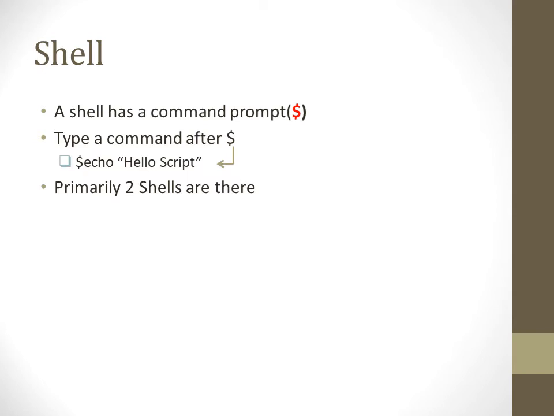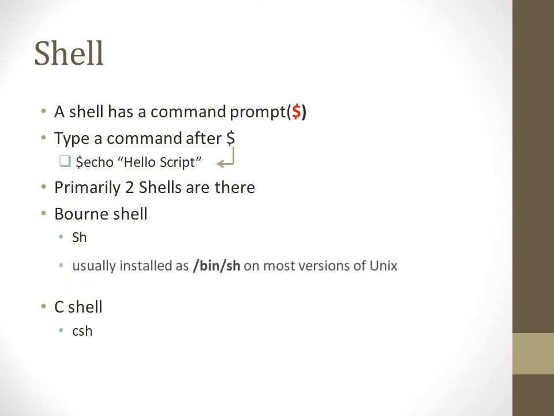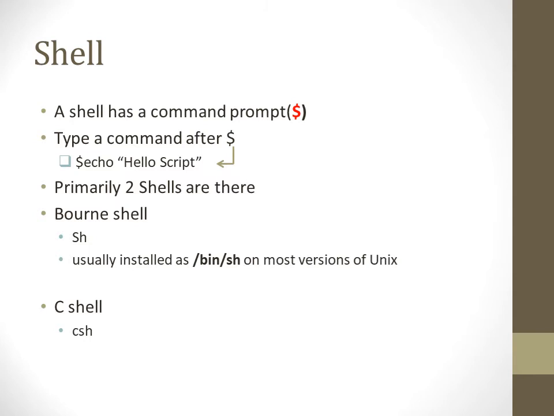Now there exist primarily two types of shells, Bourne shell and C shell. Bourne shell is represented by sh, whereas C shell is represented by csh. Bourne shell is usually installed as /bin/sh on most versions of Unix.